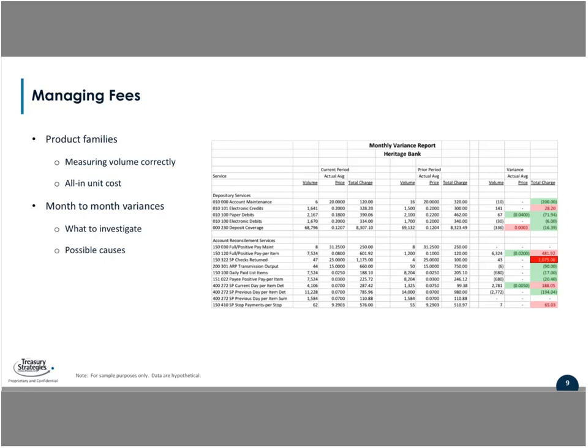When we look down at account reconcilement services, this shows you the importance of looking at the entire product family. Because when you buy account reconcilement, there are maintenance charges, per item charges, information charges, reporting charges, stop payment charges, the whole ball of wax. Now, if you look at the second line, there's the full positive pay per item, 7,500 items at 8 cents.